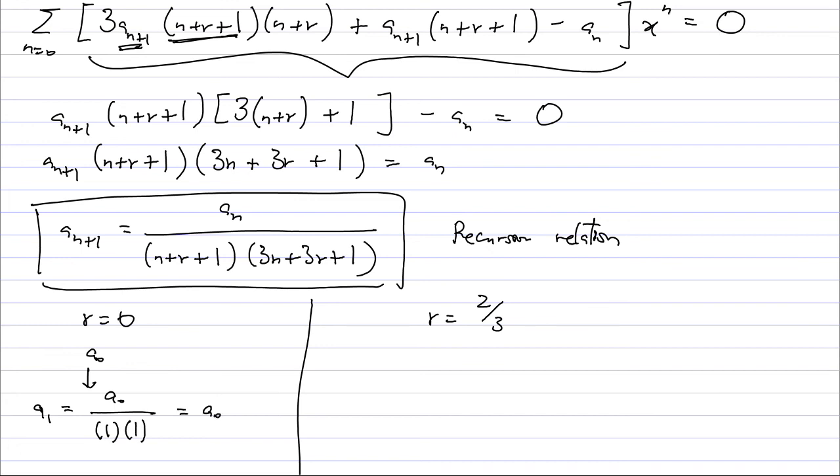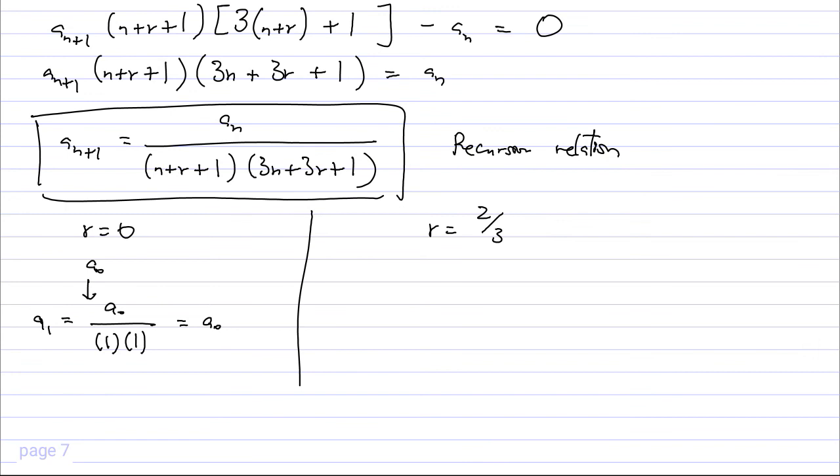And you can then generate a2. So a2 will be equal to a1 divided by (n+1), which is 2, and then you put n is equal to 1 over here, so you have 3 plus 1, which is 4.